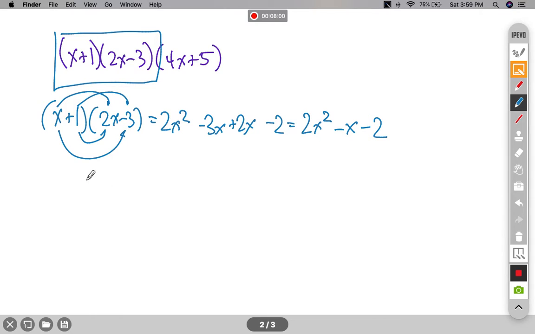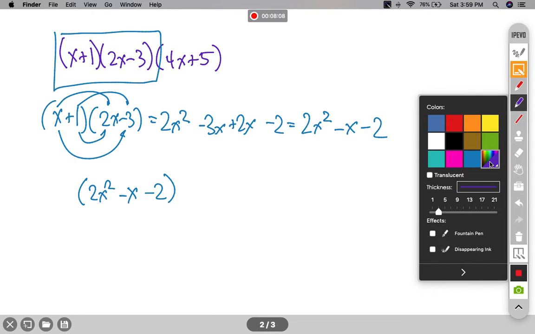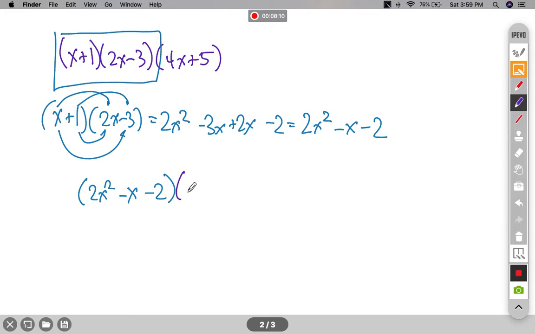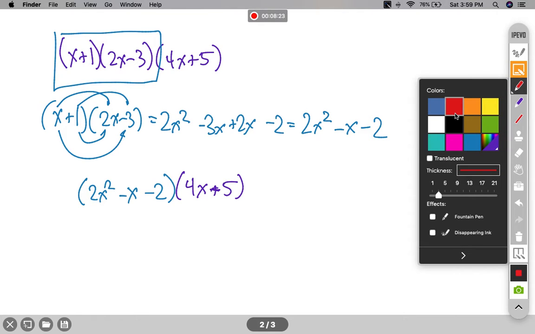So now my problem is down to 2x squared minus x minus 2 times 4x plus 5. Now when I want to multiply this together, I can just do my distributing again.